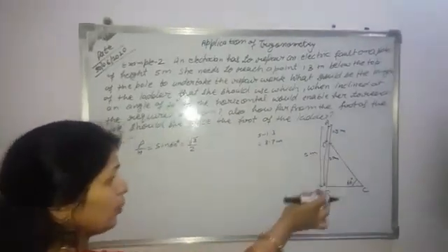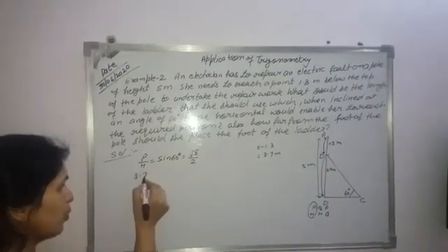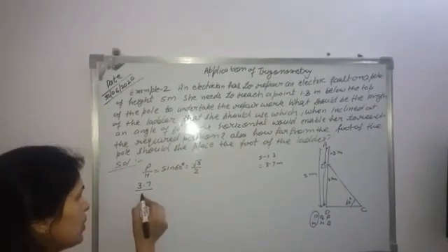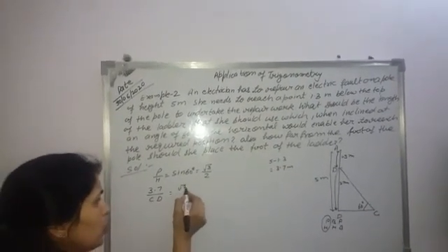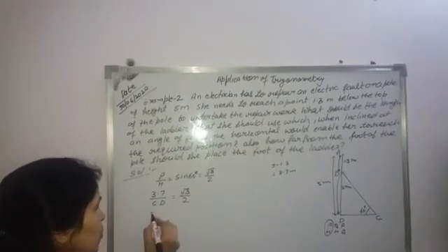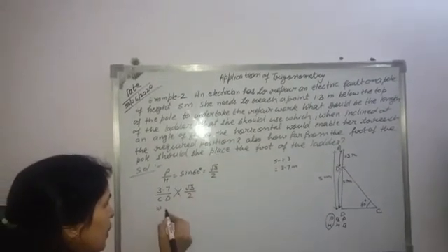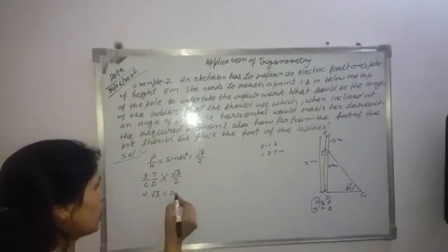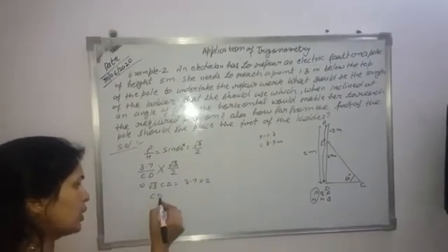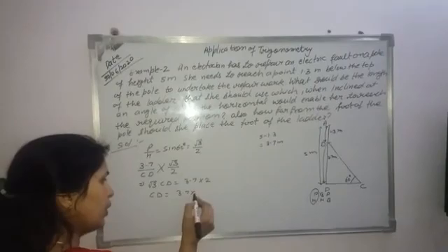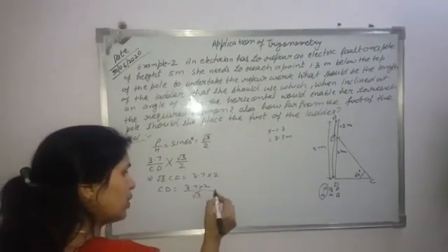Now what is the value of perpendicular? Perpendicular is 3.7 and hypotenuse is the length of ladder, and this value we want to find out, and root 3 divided by 2. So when we apply cross multiplication, root 3 times CD is equal to 3.7 into 2. So CD is equal to 3.7 into 2 divided by root 3.